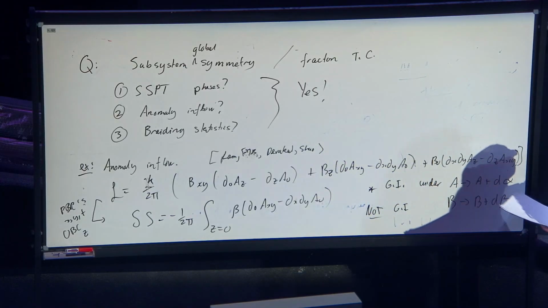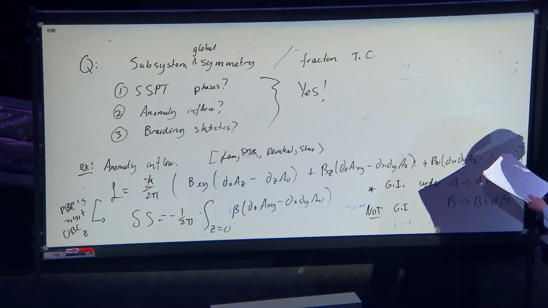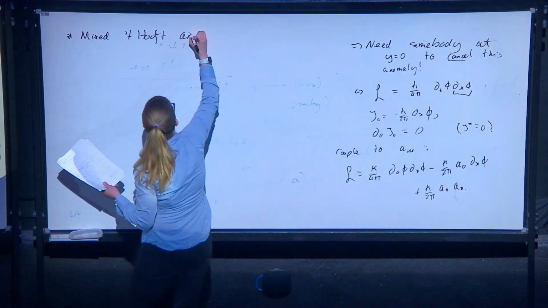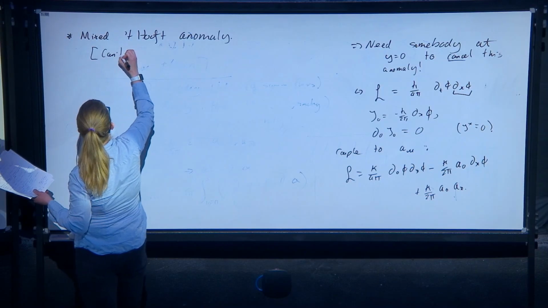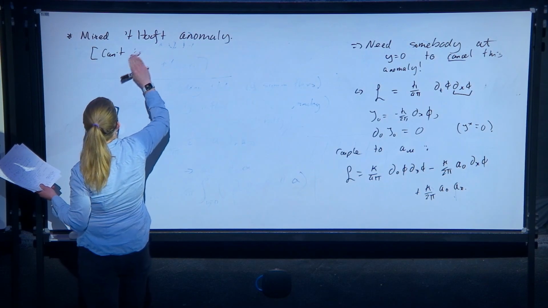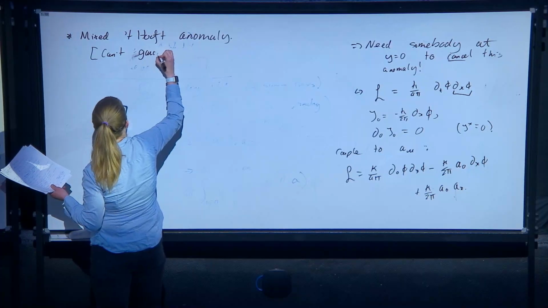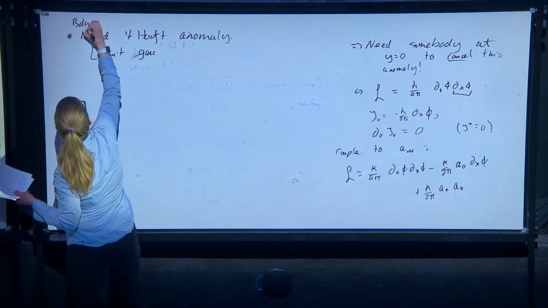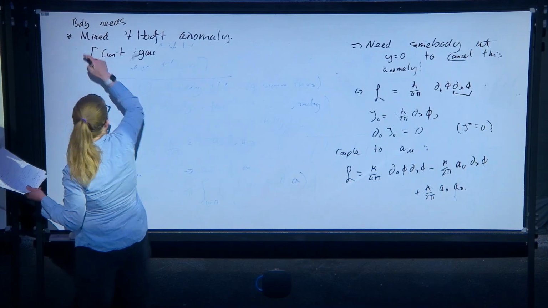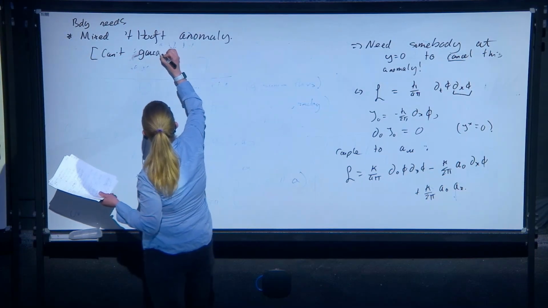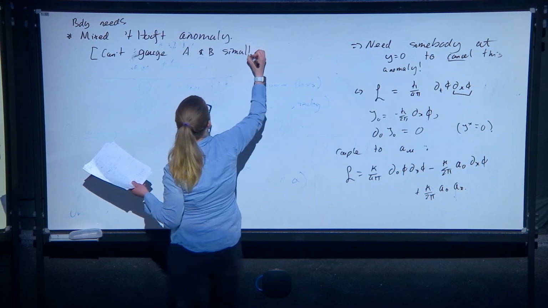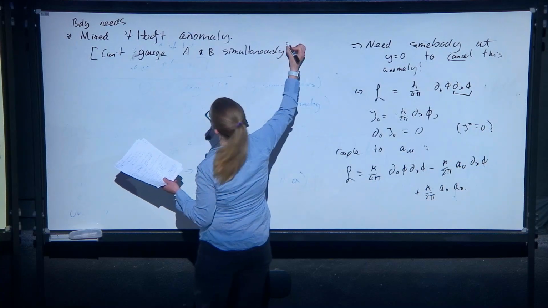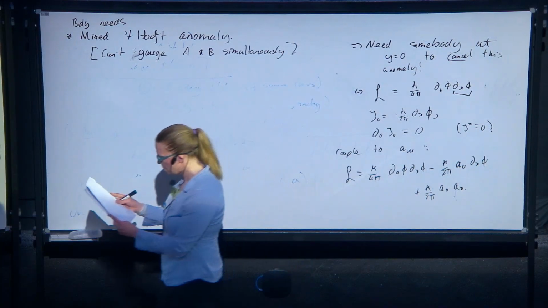So this is an example of what we call a mixed 't Hooft anomaly, in the sense that our boundary needs a mixed 't Hooft anomaly in which we cannot gauge A and B simultaneously. Okay, so it's just going to look a wee bit different than the Chern-Simons example.